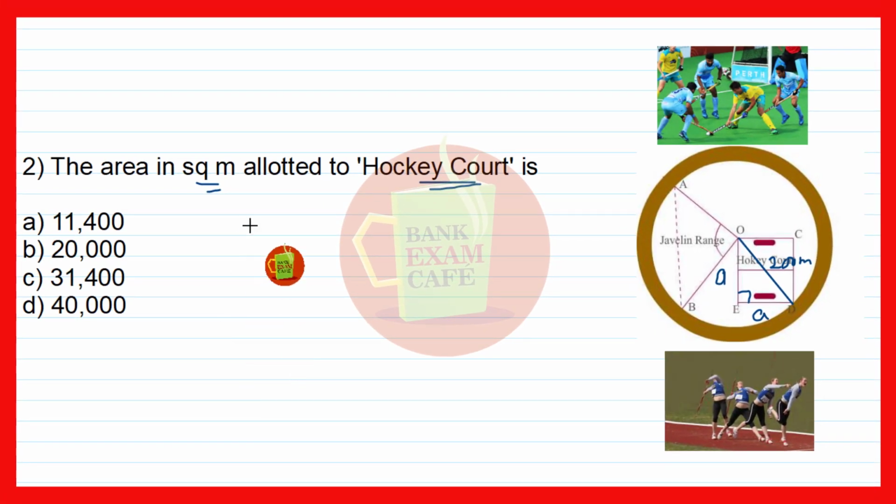So here in triangle OED, A square plus A square is equal to the square of the hypotenuse, that is 200 square.